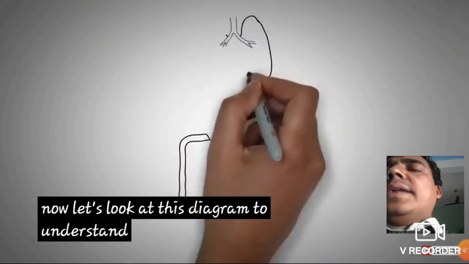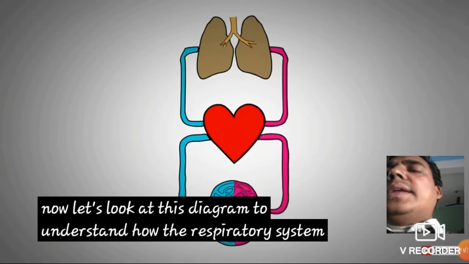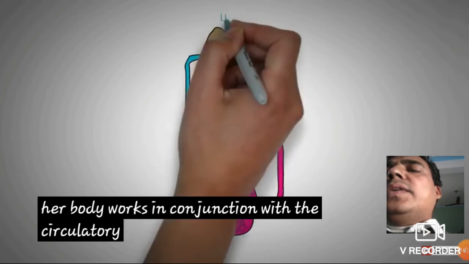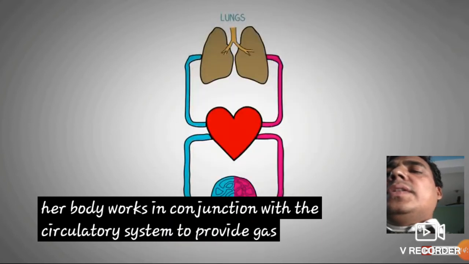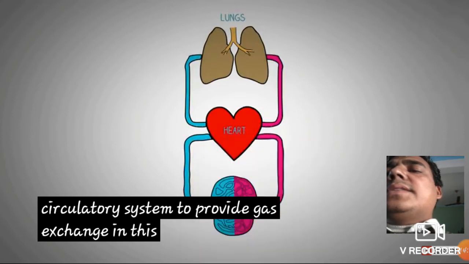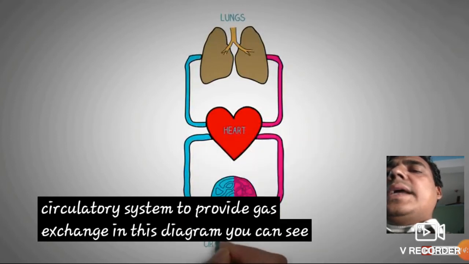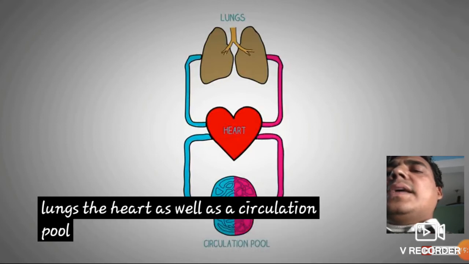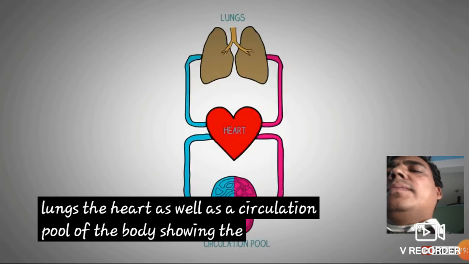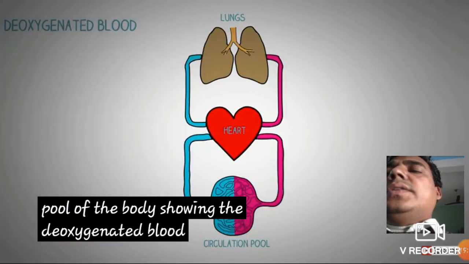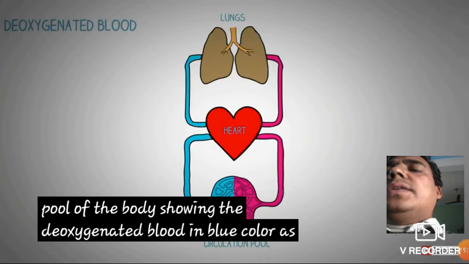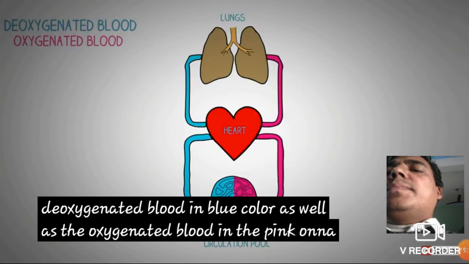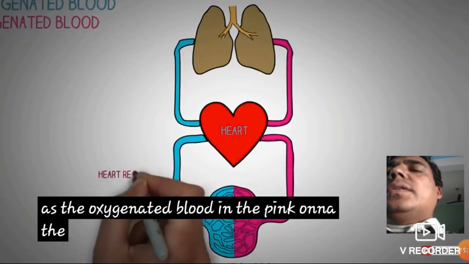Now let's look at this diagram to understand how the respiratory system of our body works in conjunction with the circulatory system to provide gas exchange. In this diagram you can see the lungs, the heart, as well as the circulation of the body, showing the deoxygenated blood in blue color as well as the oxygenated blood in pink color.